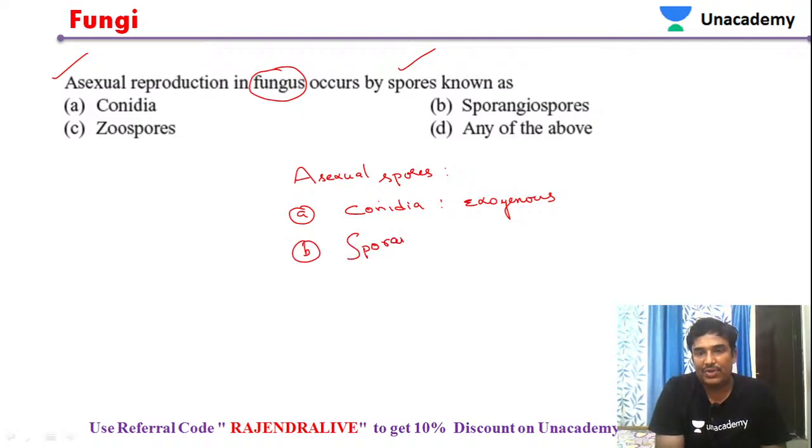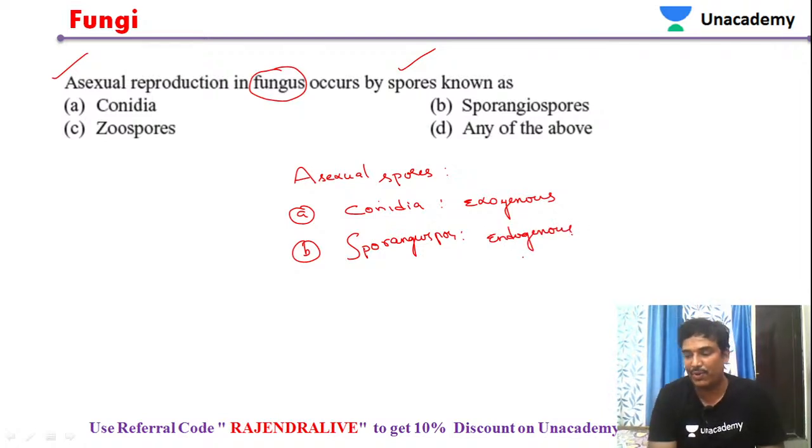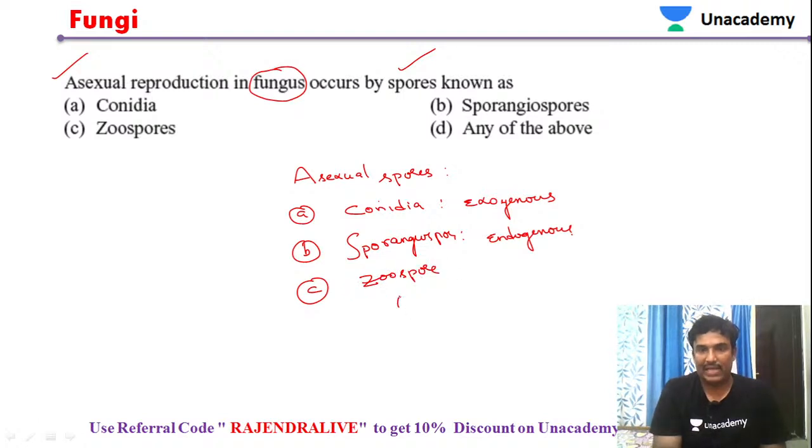Similarly, sporangiospore is also an asexual spore, and it is endogenous. Next, the third one, zoospore, is a motile spore, and this zoospore is also an endogenous asexual spore.